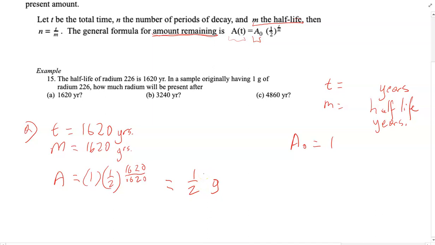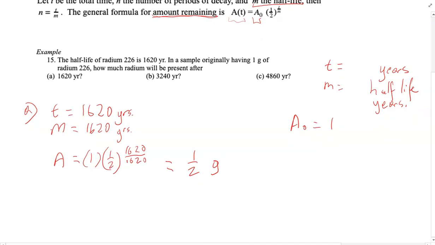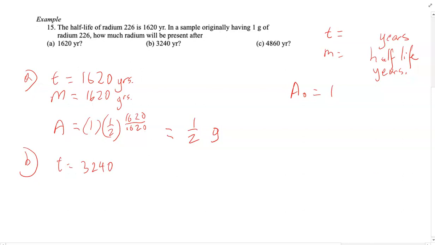All right, let's do part B. Part B, your T is now 3240. m is still the same, and A sub 0 is the same.